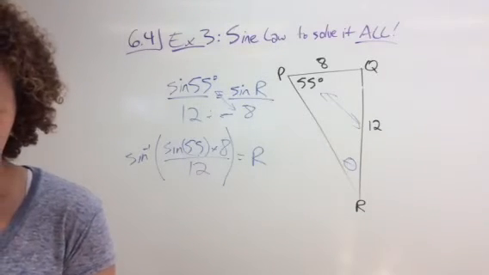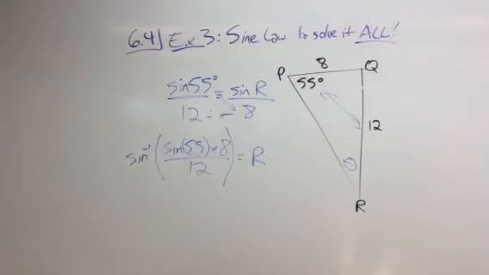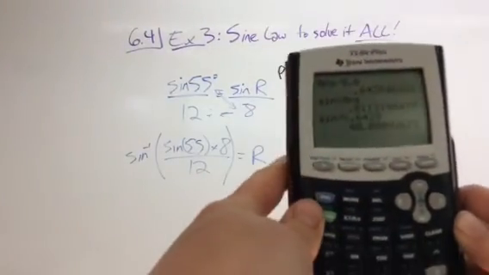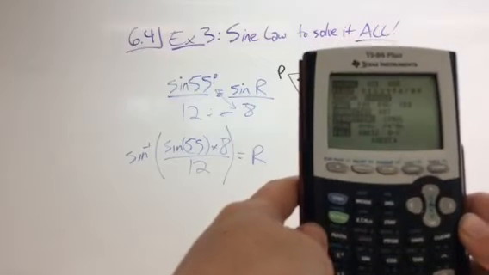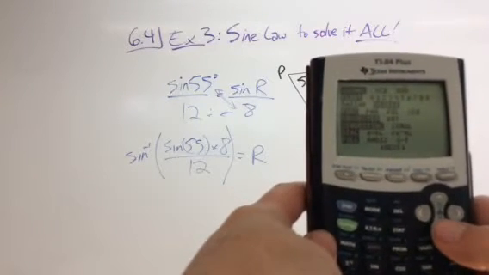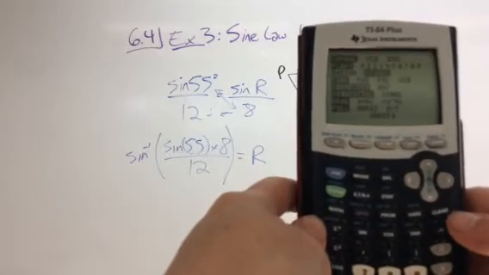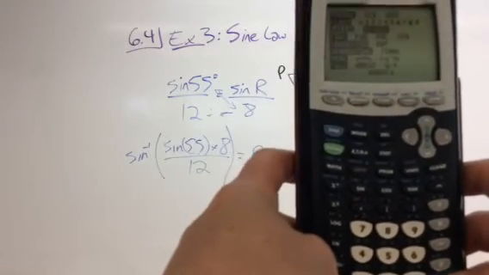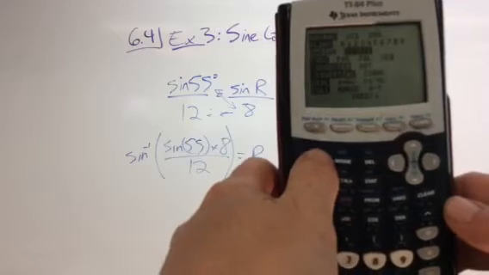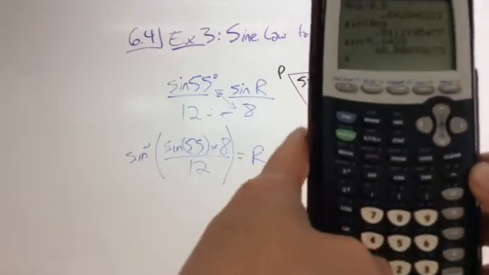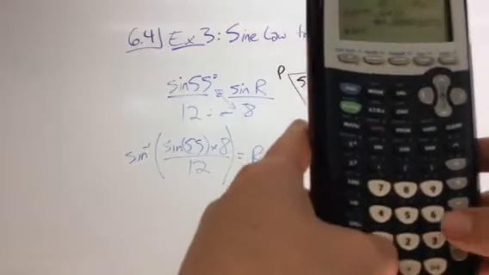I'm just going to show the camera just to make sure we all know. At my calculator, I hit the mode button. It comes up with a little screen, and I go down to where it says radians and degrees, make sure it's in degrees, and then hit enter. That should be fine. To get out of there, you just go second function quit. Now I'm going to put that in, and I'm not doing the crazy one because I'm not that skilled.